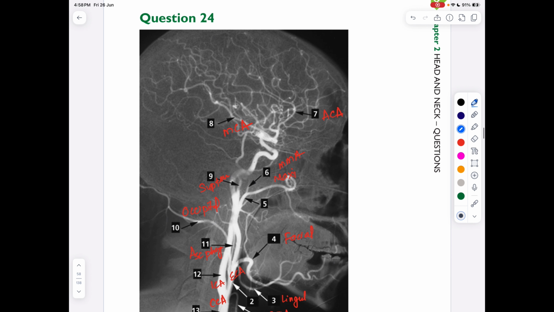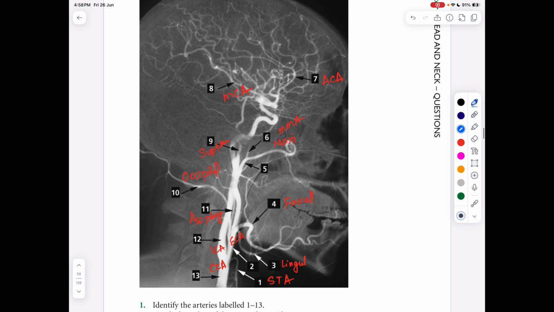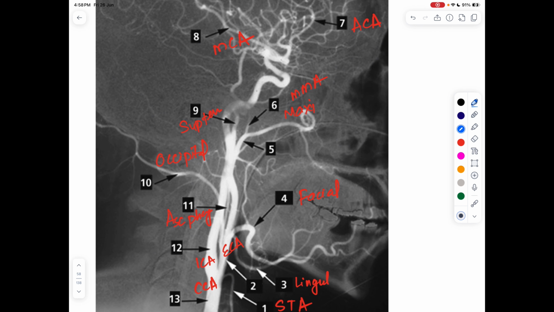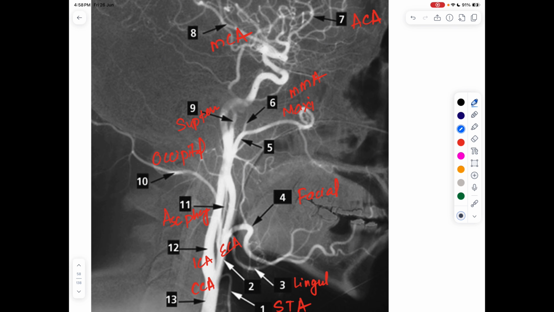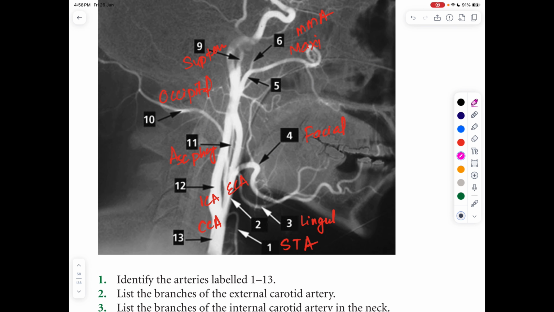This is another station where you can see the angiography. Here you see this is the internal carotid and this is the external carotid. The first branch is the superior thyroid artery, then the lingual artery, then the facial artery, which is tortuous.